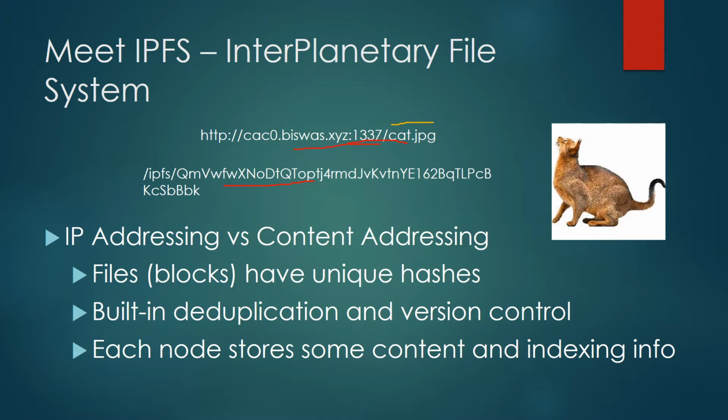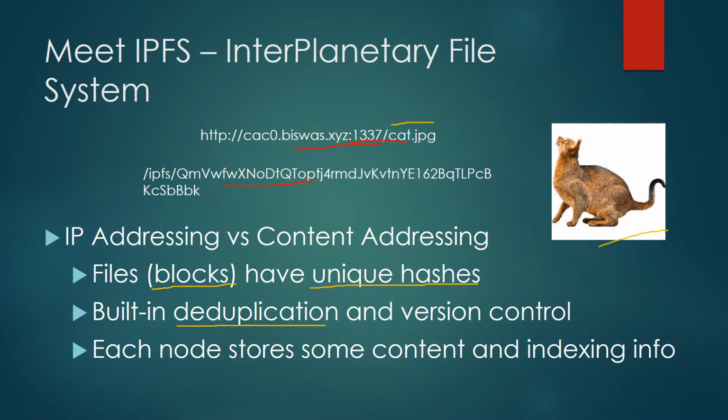On IPFS, once I uploaded this cat, it actually got chunked into multiple blocks. And these blocks have unique hashes. What this basically means is that the IPFS network can perform deduplication and version control using those blocks.